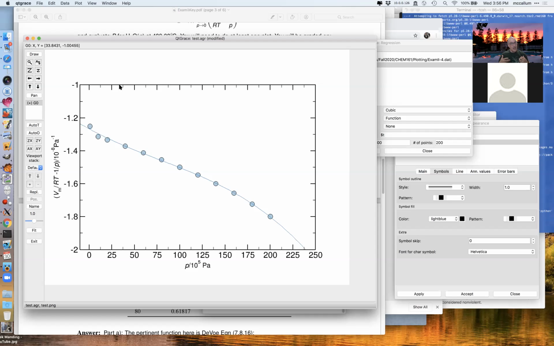And so then you have to plot that. Once you convert it to VM over RT minus 1 over P, you could do that on paper. You could do that one sample calculation we did 12 times and then enter that into Grace using the spreadsheet or a data file. You could do that too. But what if you had 120 points?